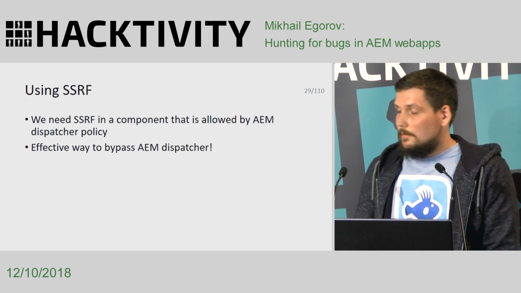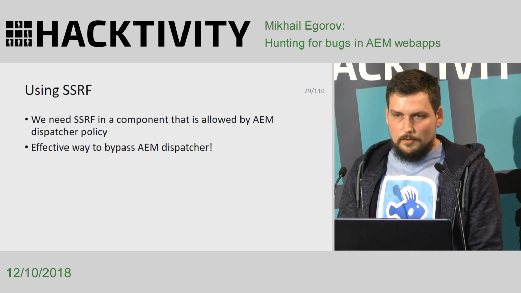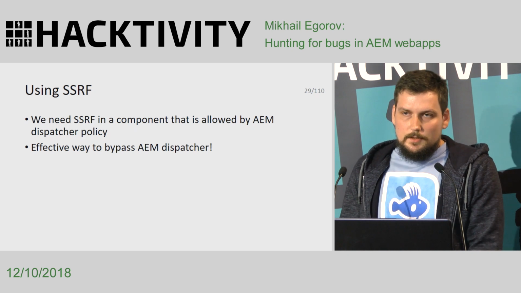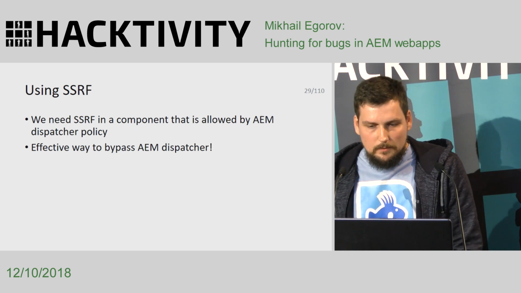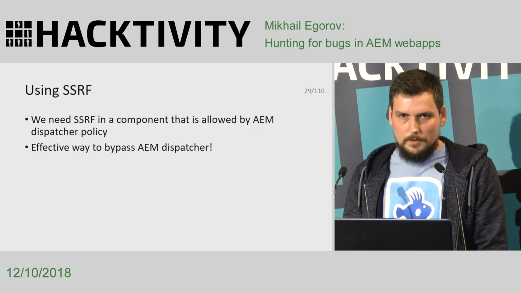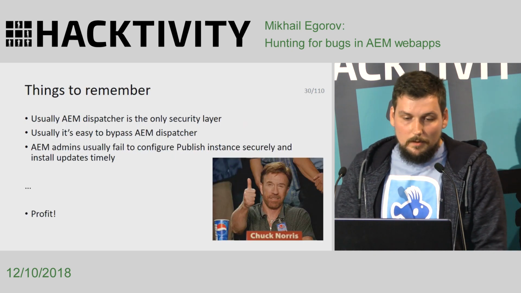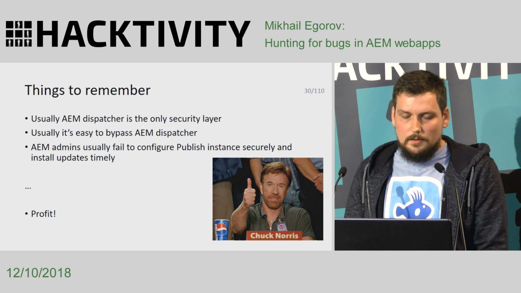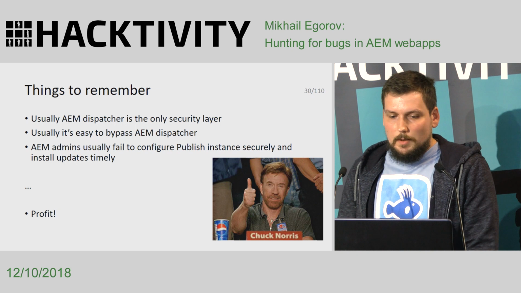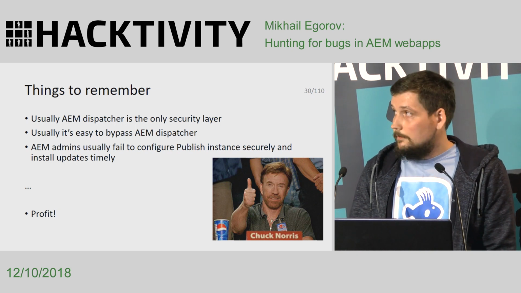And server-side request forgery in some component on the publish instance allows us to completely bypass the dispatcher, and later I'll show you some examples of SSRF vulnerabilities I discovered this year that are suitable for dispatcher bypass. So to wrap up, the AEM dispatcher usually is the only security layer, and there are easy methods to bypass it and access vulnerable components on the publish server.